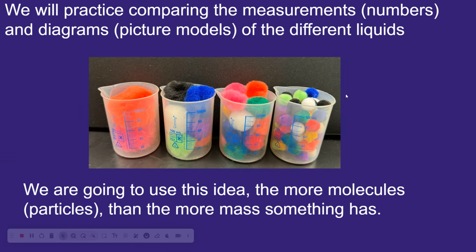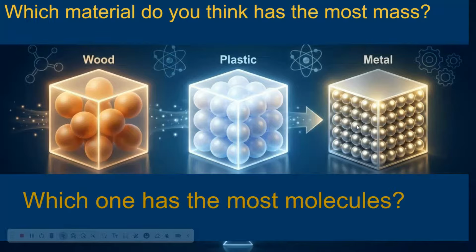So we're going to practice comparing the measurements, numbers, and diagrams, picture model, of different solids and liquids, right? But we're going to use this idea to draw our molecules. Things with more mass are going to have more molecules in the same volume. Which material here do you think has the most mass? Metal, plastic, or wood?